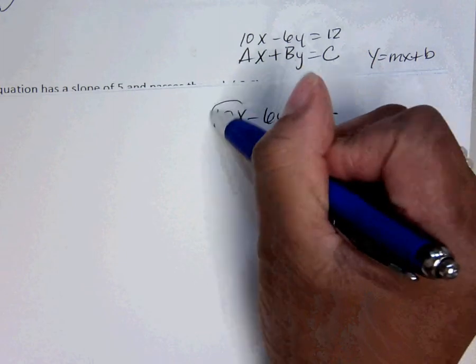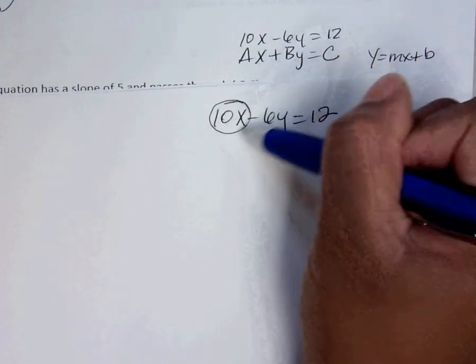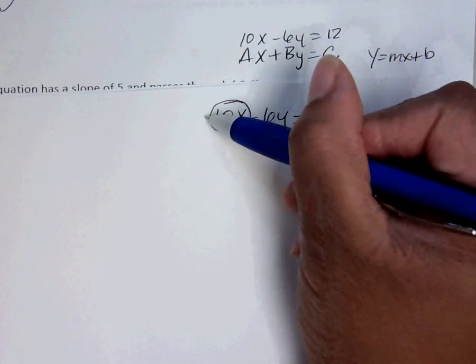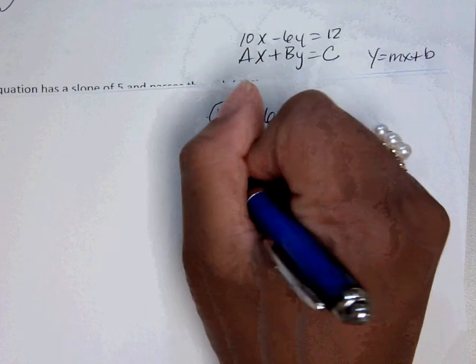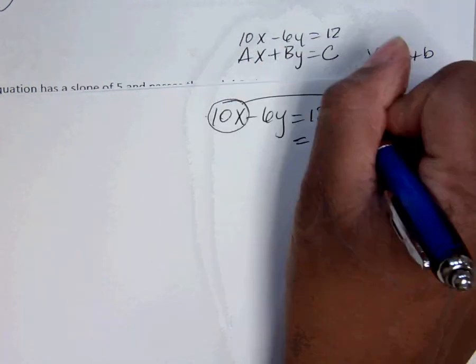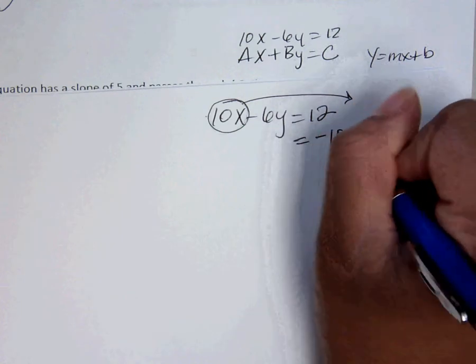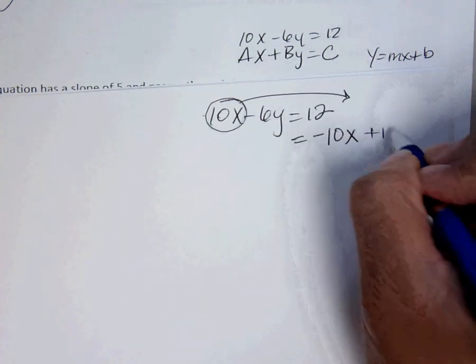This x term is positive. That really means that it was added on this side, so we are going to subtract it and put it on the other side, which is why we write -10x here, and 12 is positive, so it's plus 12.